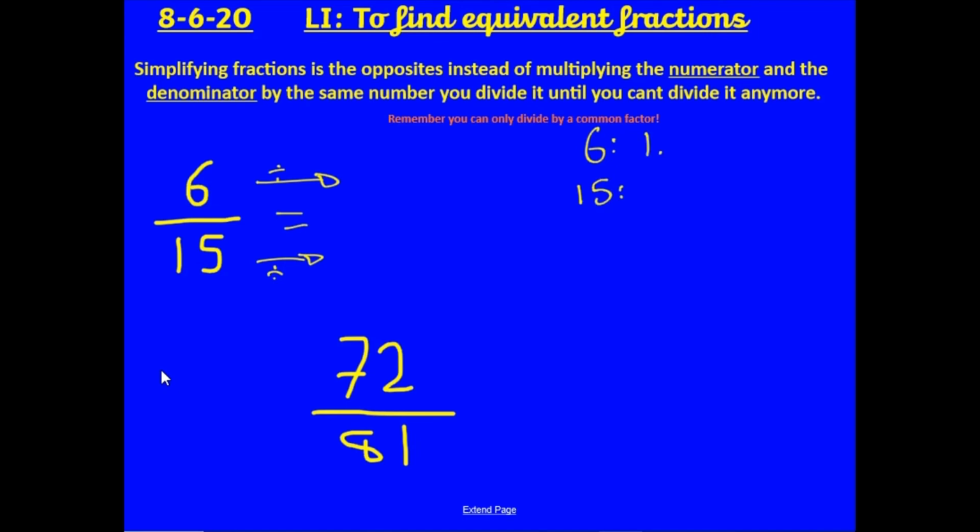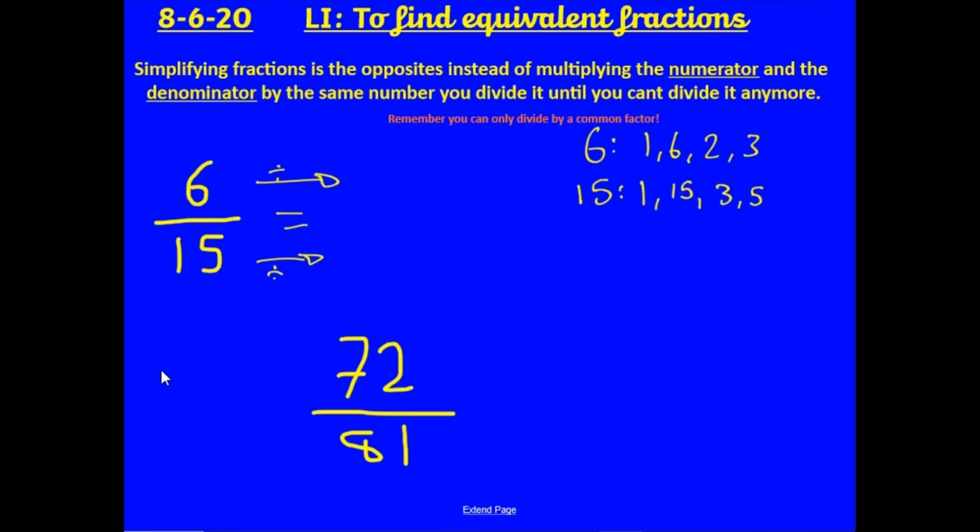So to get 6, I could do 1 times 6. I could do 2 times 3. I can't do 4, can't do 5. For 15, well, that's 1 and 15. 2 can't be done because it's not an even number. 3, yes, 3 and 5. 4, no, because 15 is not an even number. I've already got 5. 6, nope. 7, 14, 21, nope. 8, 16, no. I've gone past the halfway point, so there's not going to be any more from there that I've not already used.